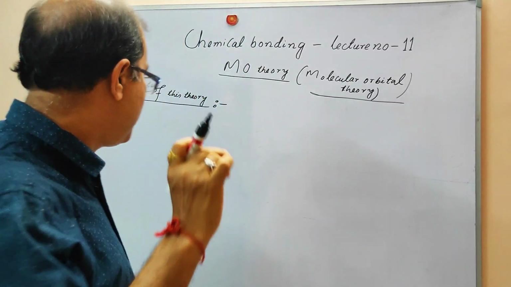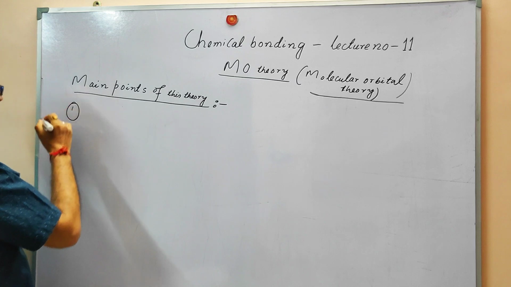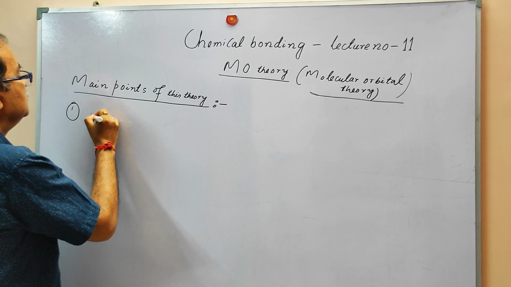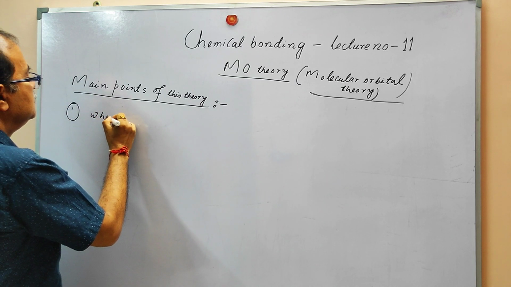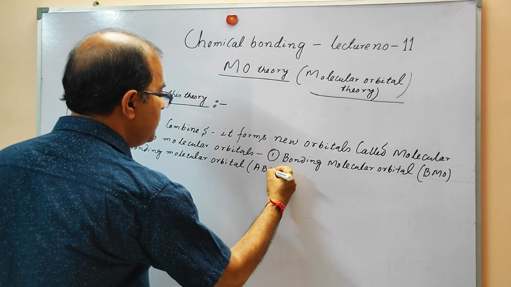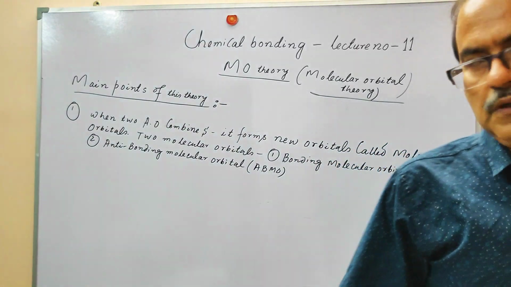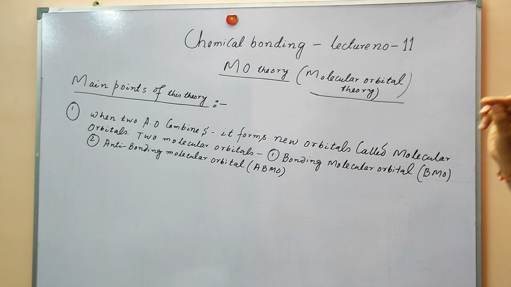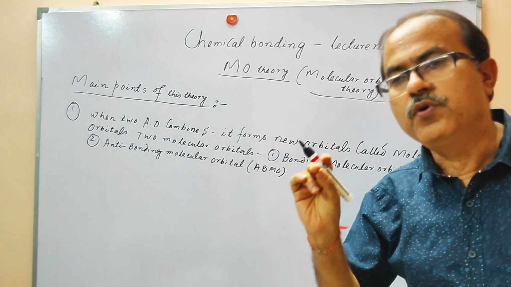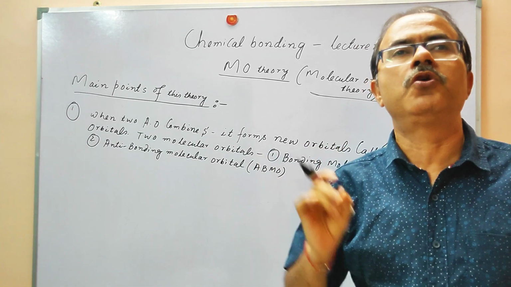So this is the first point in this theory. This is the first postulate, that when two AOs, that is atomic orbitals, combine, they form new orbitals.